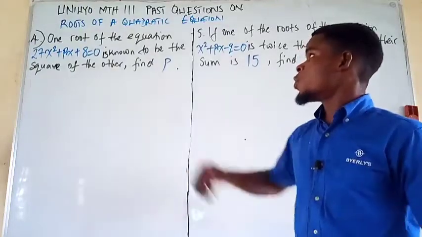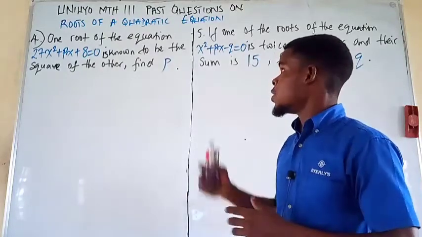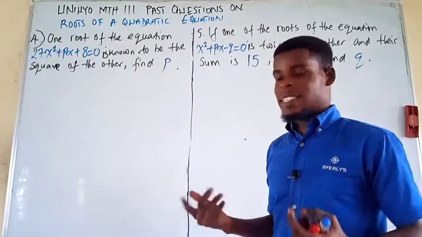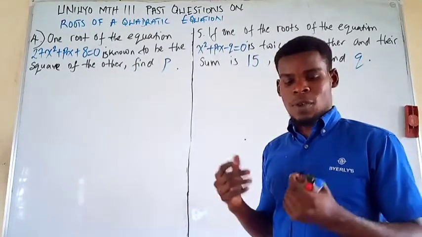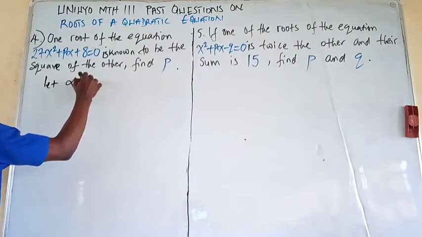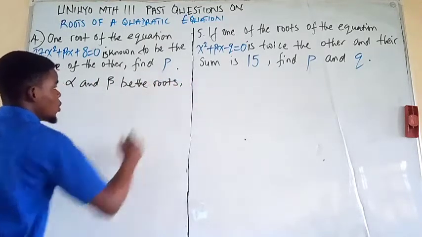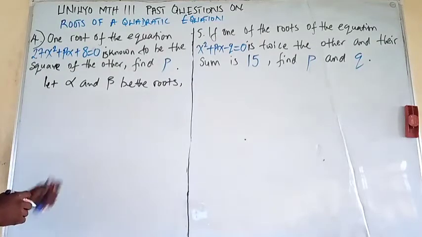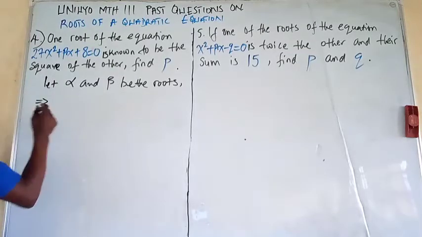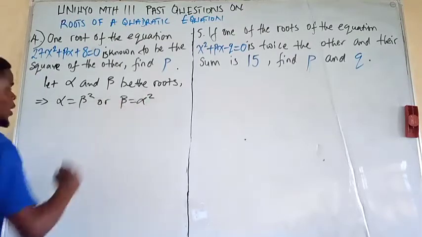Okay, now if one root of the equation 27x squared plus px plus 8 equal to 0 is known to be the square of the other, find p, right? Look at how the question is that if one root is known to be the square of the other, so suppose we say that let alpha and beta be the roots, okay, then by the statement, if one root is the square of the other, it means that alpha is beta square or beta is alpha square.